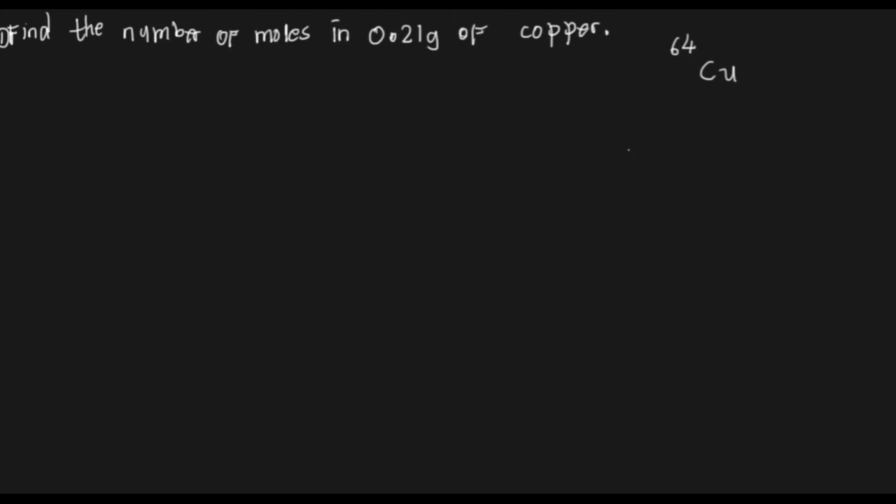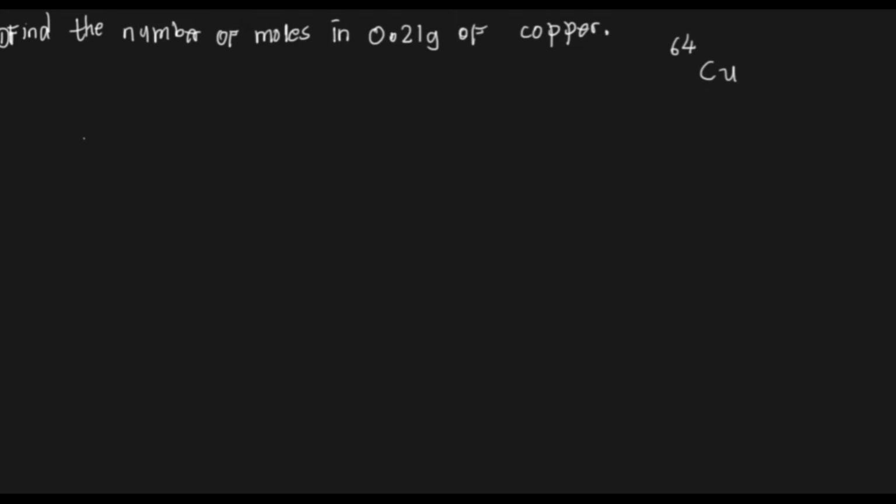In some periodic tables, you may have 63.5. Here, we are just dealing with a pure element. It's not a compound, so we are not going to find the relative formula mass. We are just going to find the relative atomic mass.